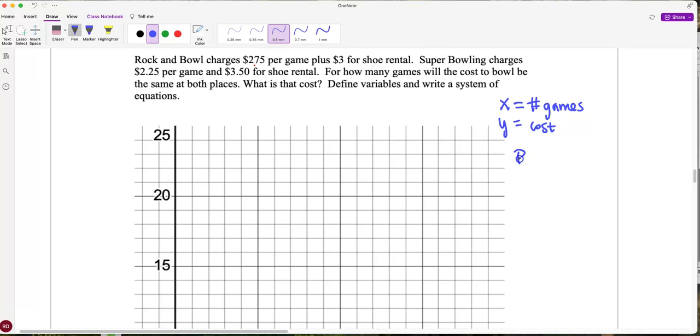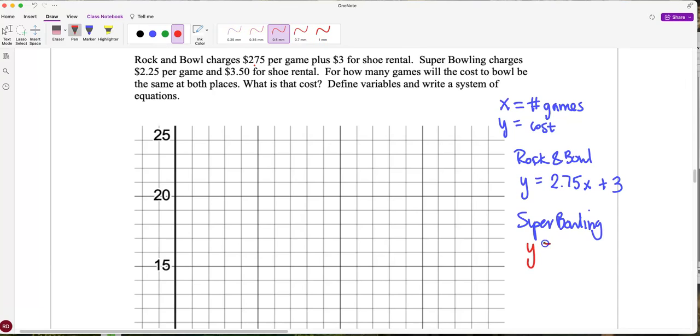So for the Rock and Bowl, you know the cost is going to be $2.75 for every game plus $3. And then for the Super Bowl, just change this to a different color.